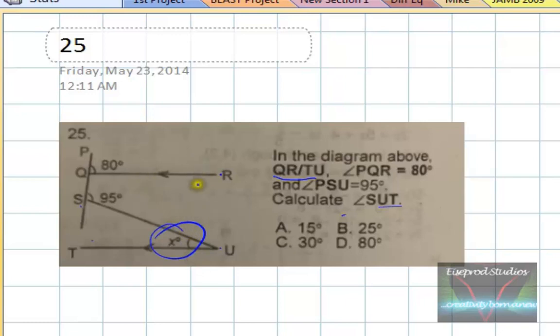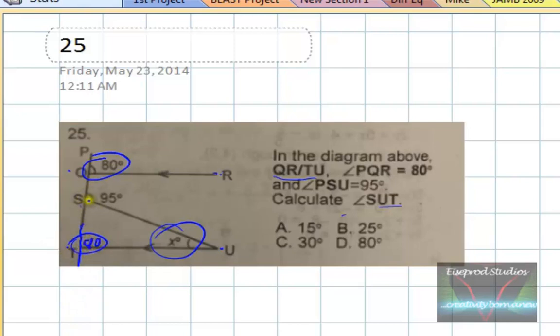And so that means that there's going to be some properties that we can apply to them. So these two are parallel, and there's this line that goes through them. Alright, so that creates this angle right here, this 80 degrees. Because these lines are parallel, that means that if this line were to cross here, this would also be 80 degrees. So I'll label it 80.